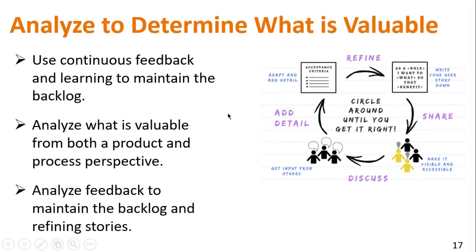Analyze to determine what is valuable. Here we're talking again about feedback, about prioritizing and maintaining our backlog. I find myself repeating myself a lot in this, but these are the key core things.